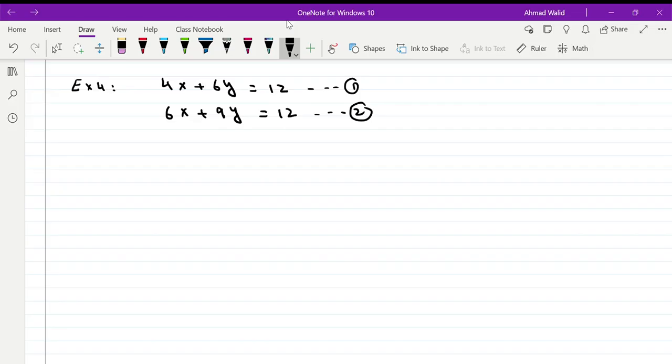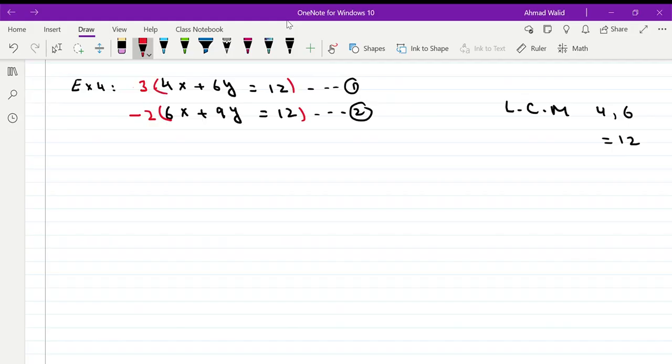For example, if I want to eliminate x, the LCM between 4 and 6 is what? 12, right? Then what I do, I will multiply equation number 1 with 3, equation number 2 with 2. But at the same time, they should have opposite signs. I'll choose one of these numbers negative, correct?